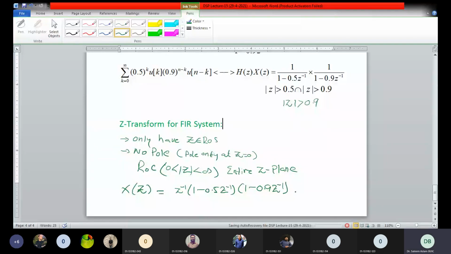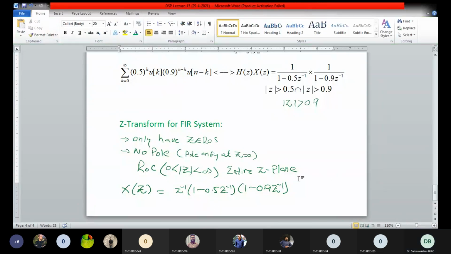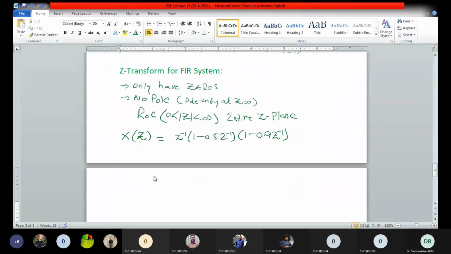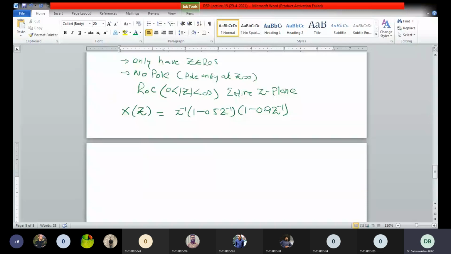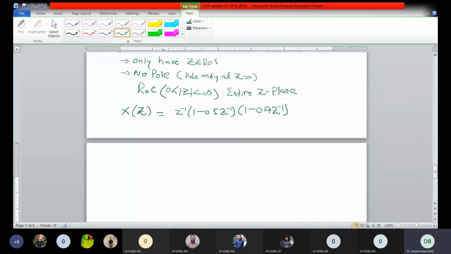So if we have x of z like this, let's try together to plot its pole-zero plot.